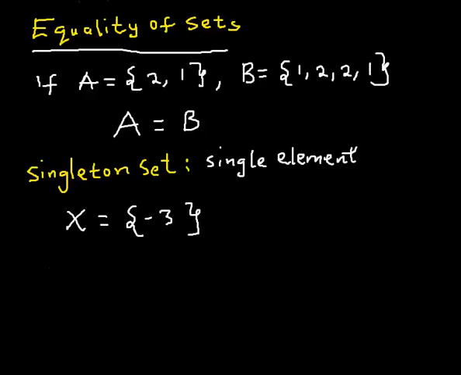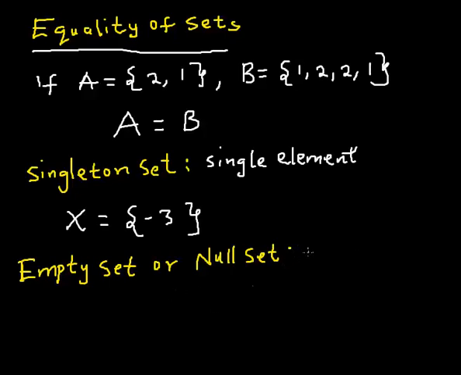Then the next term we ought to study is called an empty set. It's either called an empty set or a null set. As the name implies, a set is said to be empty if it doesn't have any element.